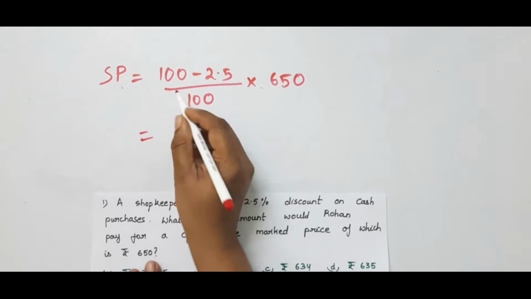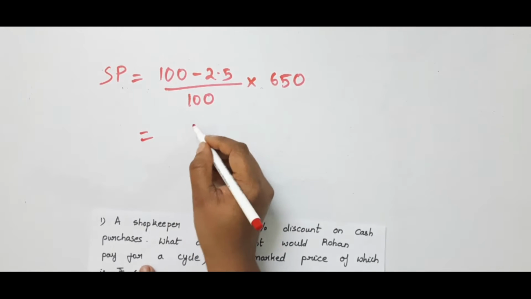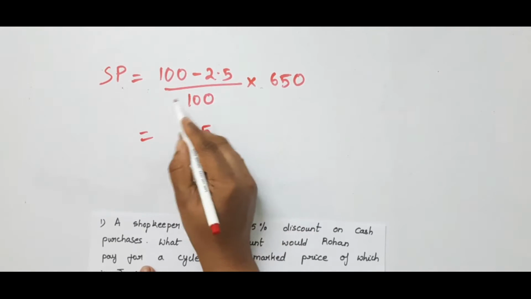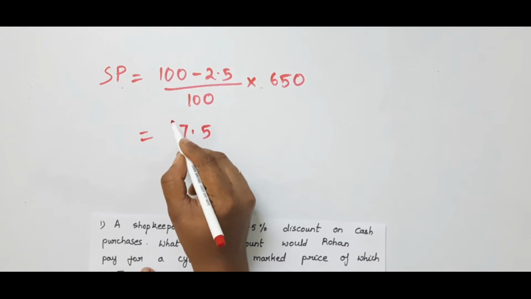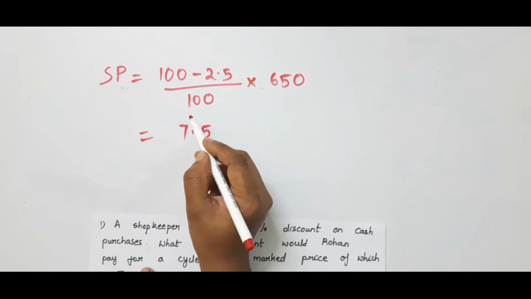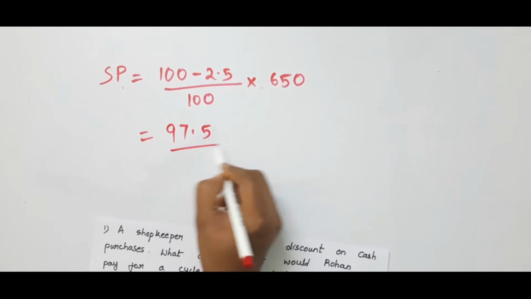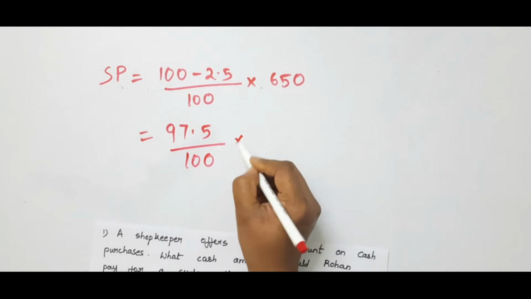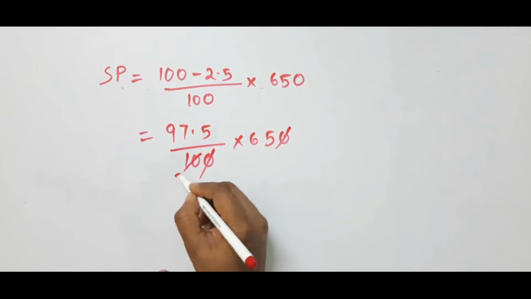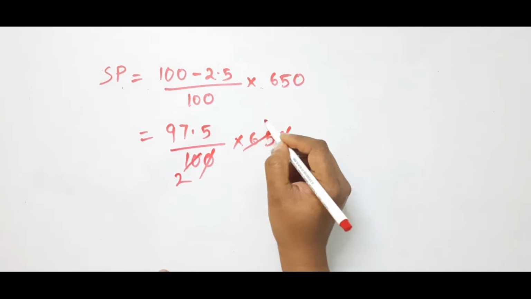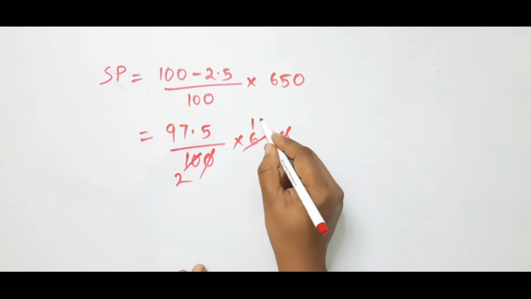So this is equal to 100 minus 2.5, which is nothing but 97.5, by 100 into 650. The 0s cancel, and 5 twos are 10, 5 ones are 5, and it is 13s.